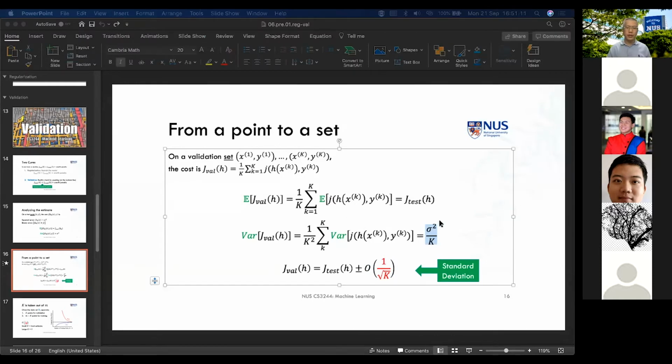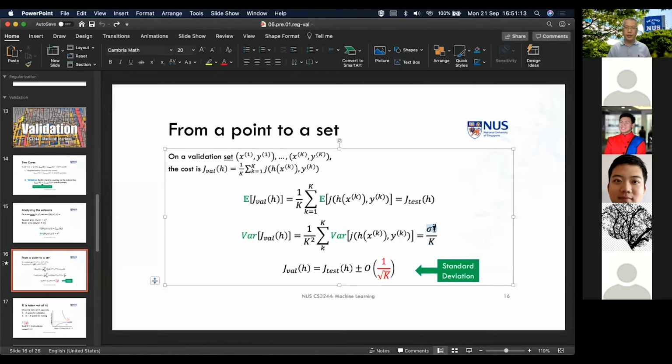Okay, so again, because we have the sigma squared term for 1 point, when we have k points, it's going to be divided by k. But because the variance is dependent on the cross terms, those cross terms will all be 0. So we only have the diagonal that's responsible for the variance. That means another factor of k will be canceled out.